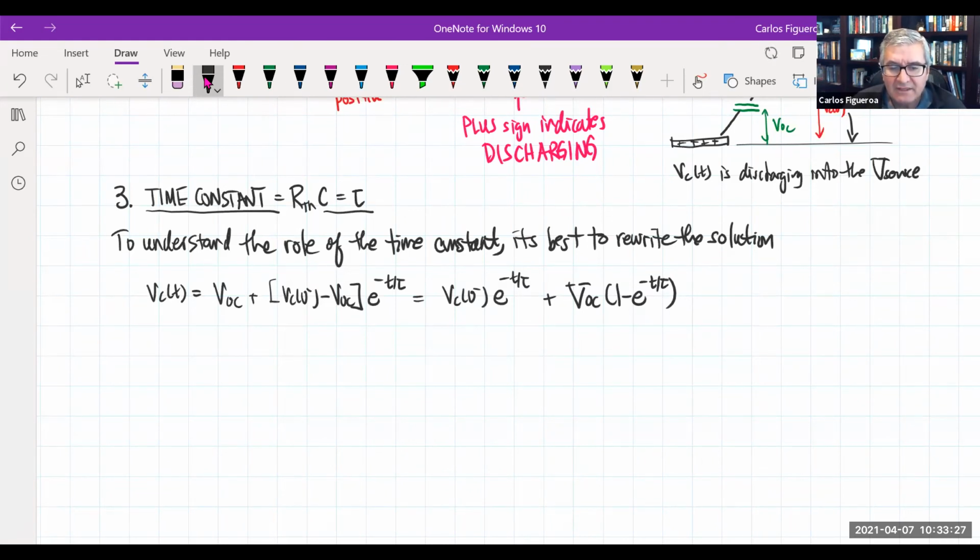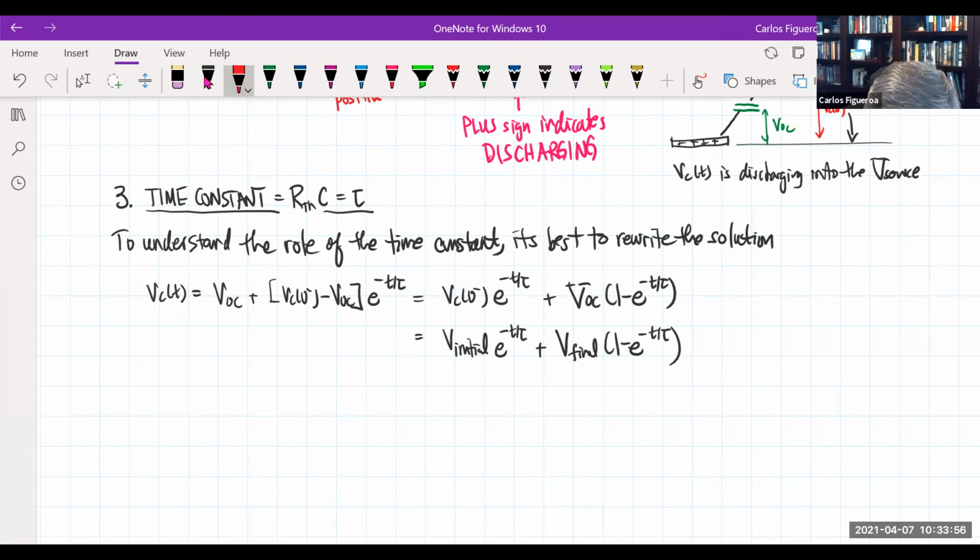And one of the things that I really write a lot, especially in Physics 4B, when I'm explaining RC behavior, is that I call this V initial e to the minus t over tau plus V final of 1 minus e to the minus t over tau. This is my absolutely favorite way to do that. And what you're seeing here is two behaviors.